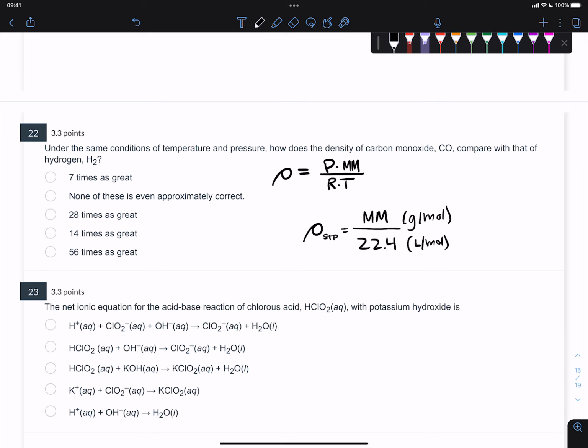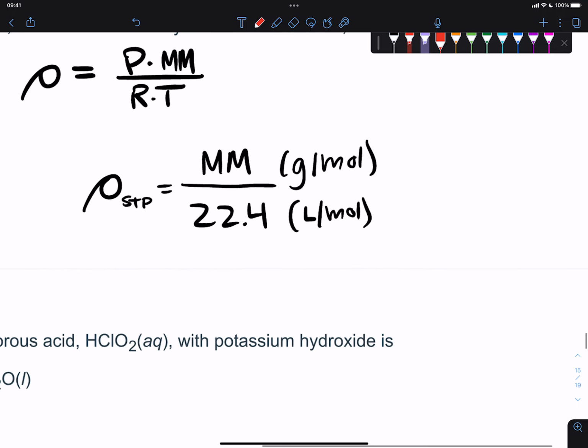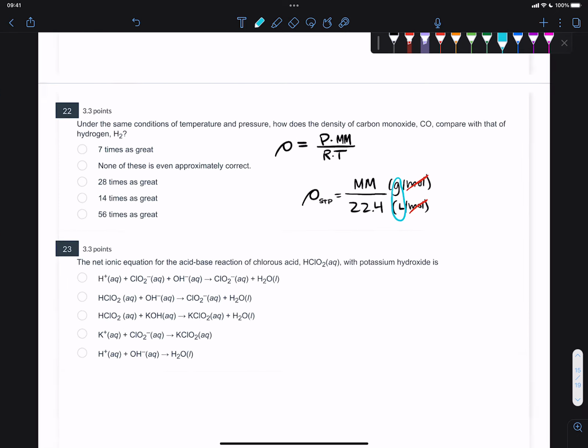Now this is one way to do it. I just find this to be a quick, fast way to do it. So look at how the units cancel out. Moles are going to cancel, and what you actually get is the relative density of these two gases at STP, which leaves the units of grams per liter.